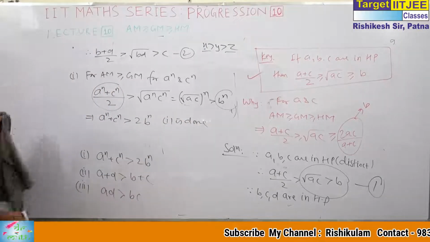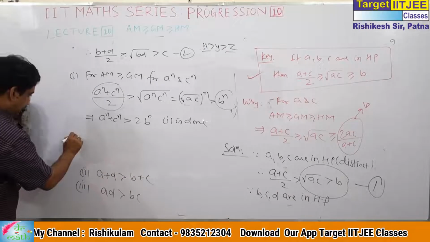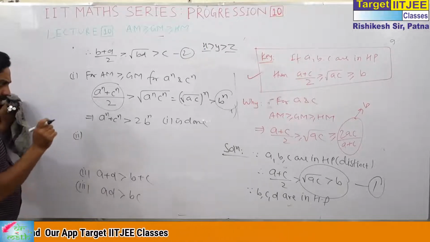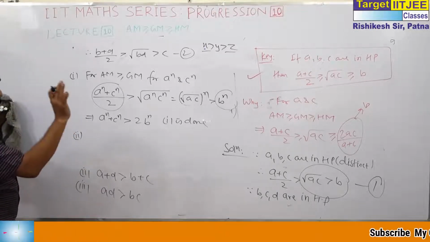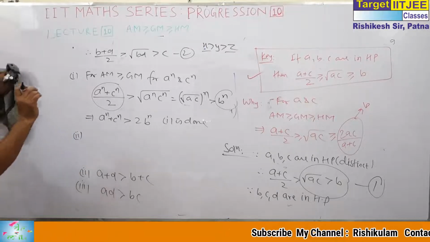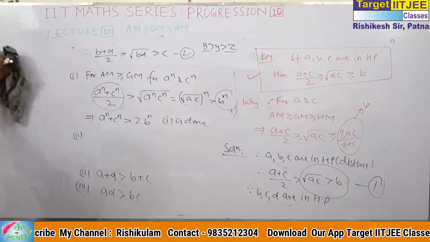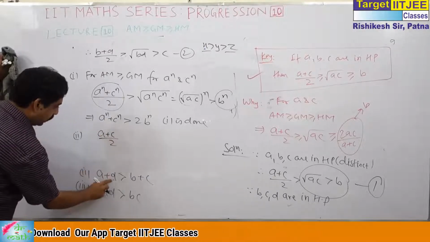How to do the second one? It might be confusing for someone, but have patience, concentrate, and you will get it. Now, how the second? Actually, from 1, I am doing this.